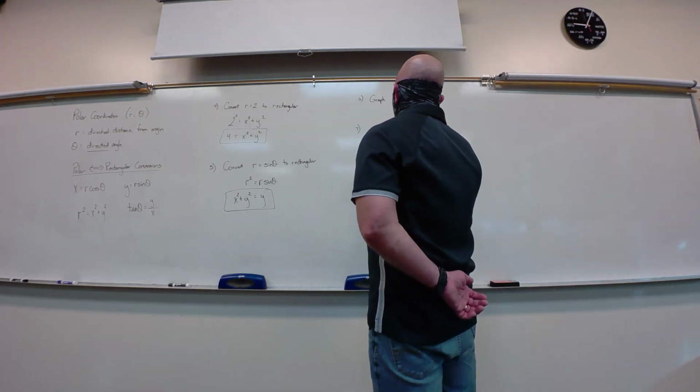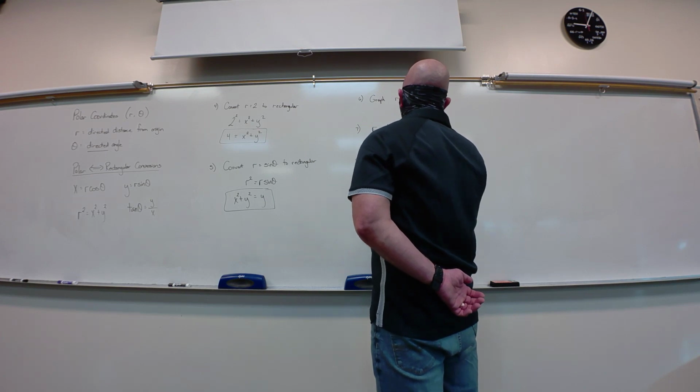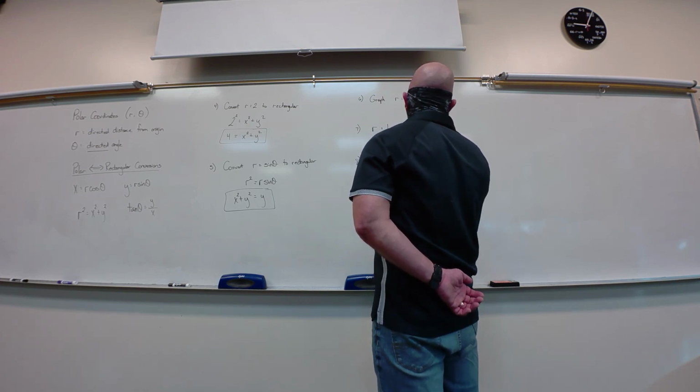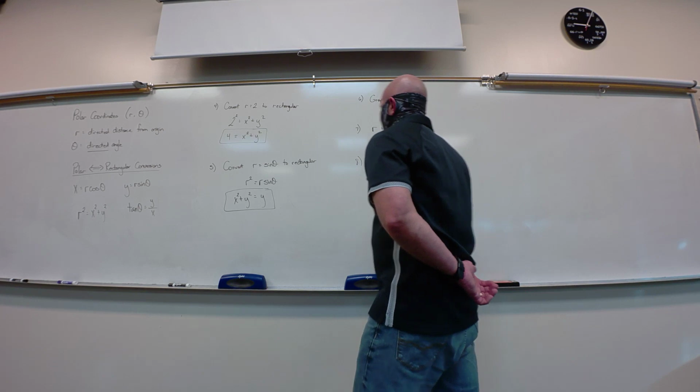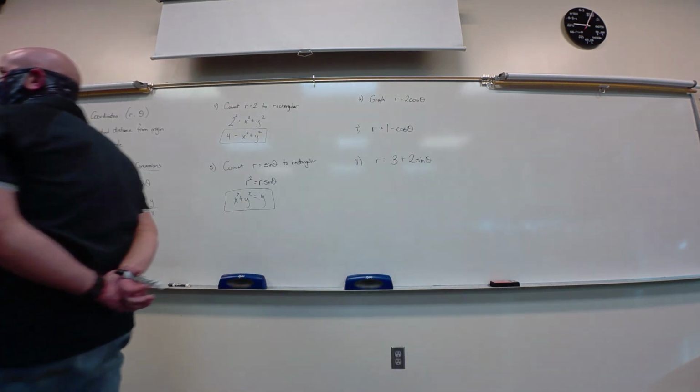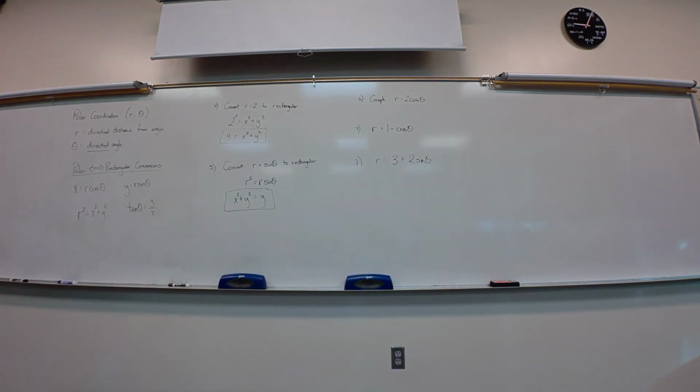How about r equals 3 plus 2 sine theta? Let's go 3 plus 2 sine theta. And again, just practicing with some different looks. You're definitely seeing graphs that are not functions. They don't pass the vertical line test.